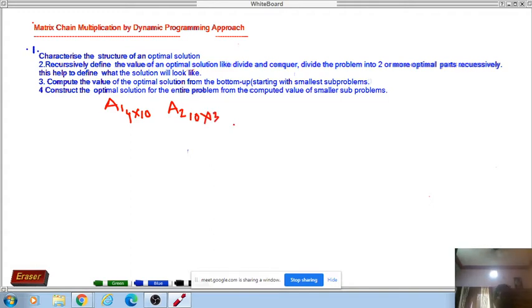Then A3 will be another matrix of order 3 into 12. A4 is another matrix with order 12 cross 20. Let another matrix A5 be given of order 20 into 7.